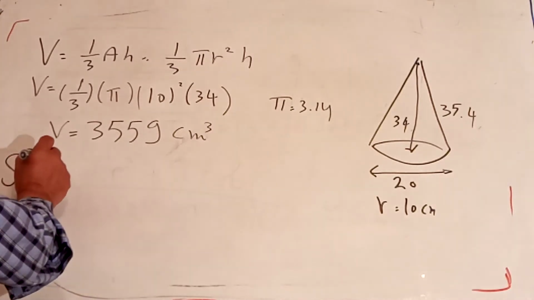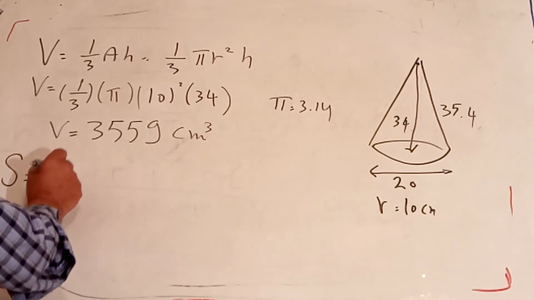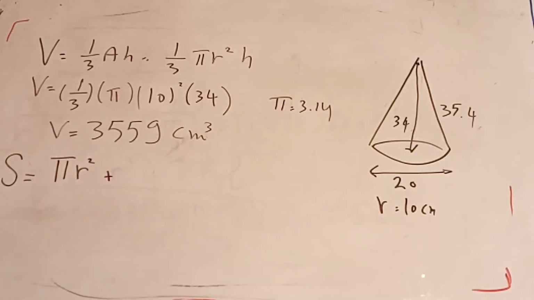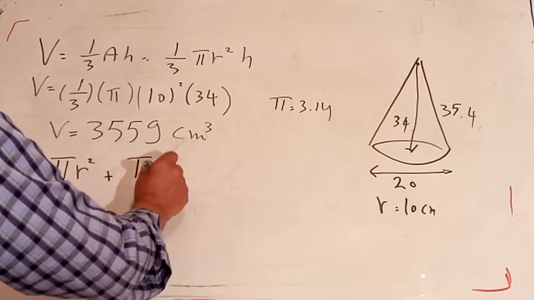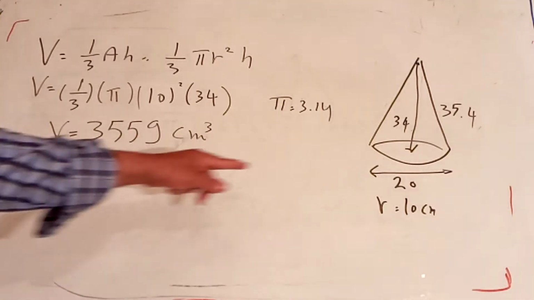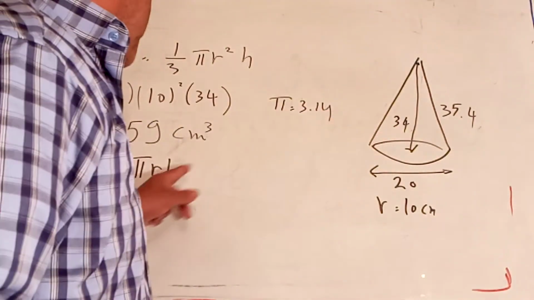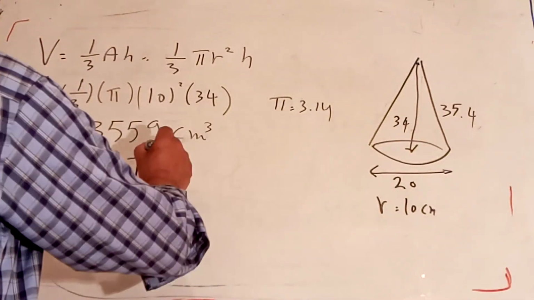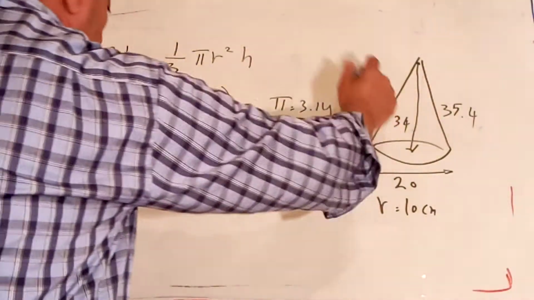So let's start with pi r squared, the surface of the circle of the base, plus the surface of the curved side, which is pi r, not h, we use L usually. This is L. L is equal to 35.4, while h is equal to 34.